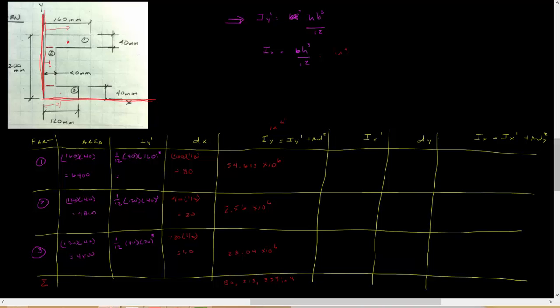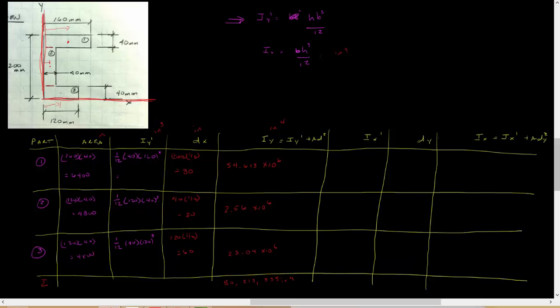This piece here is area times distance squared, so that's also inches to the fourth. So you can add those. It's dimensionally homogeneous, if you want to say.